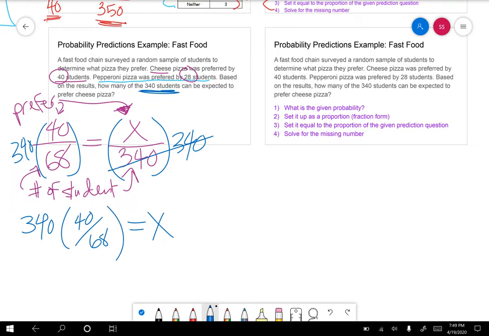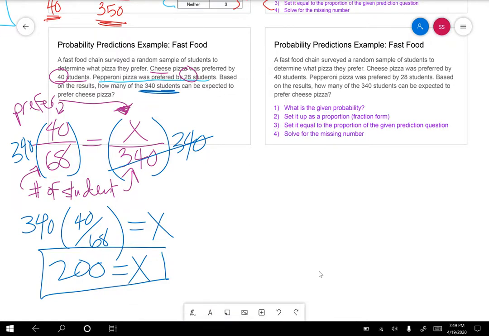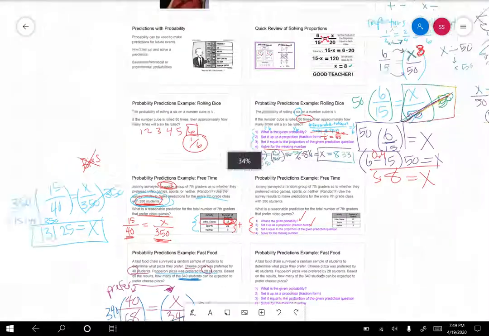And if you were to do this in your calculator, you would get x equals 200. So the answer for this question then is, out of 340 students total, 200 would be predicted to prefer cheese over pepperoni. Okay, hope that helps. Let me know if you have any questions about this though.